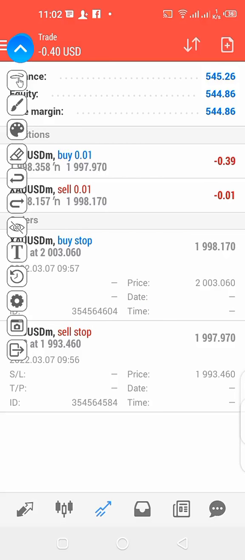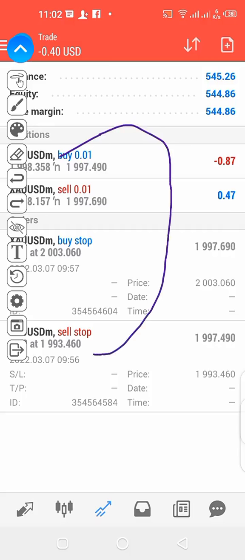For my buy trade, I have the price level at 1998. If you subtract 49 pips from the price level, it will give you 1993.46. That's the edge spacing for my buy trade.